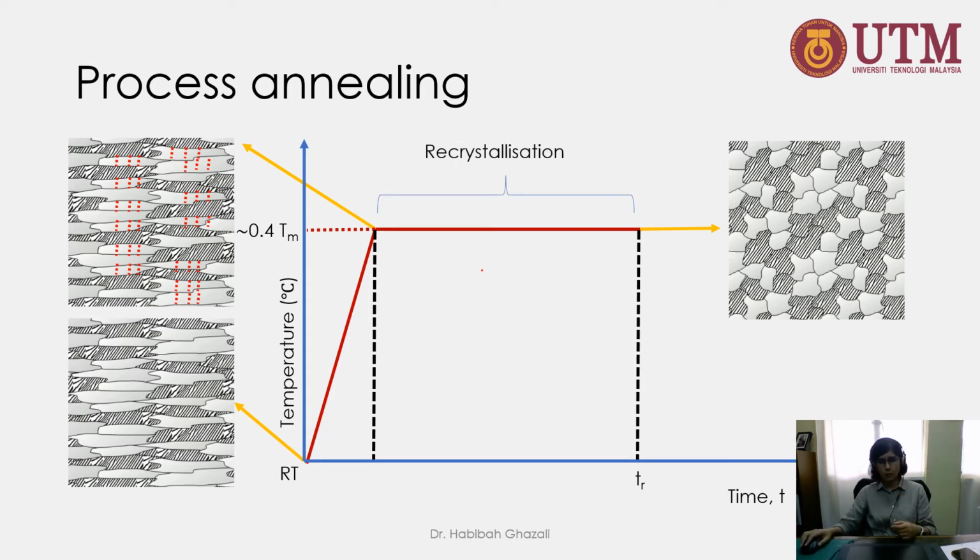And this process is what we call recrystallization. If we let them sit for a long time at that higher temperature, atoms will keep diffusing and diffusing. The grain is going to grow bigger.